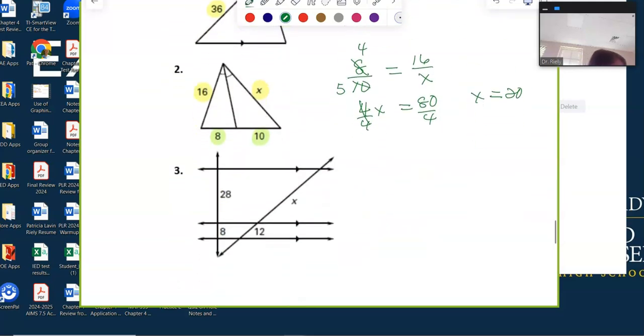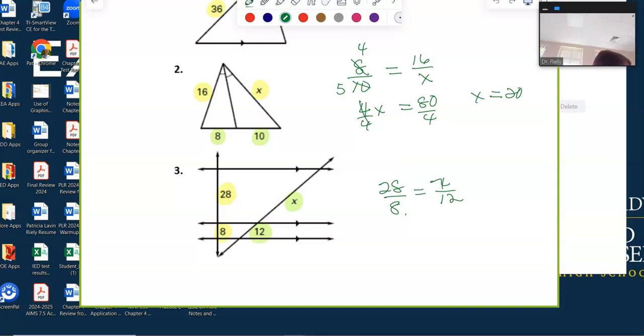Okay, last one. I know that this is to this, just like this is to this. So I can say 28 is to 8, just like x is to 12. Okay, 7 goes in here 4 times. I'm sorry. Do I want to do that? Yes, but that's not going to help me. So let me not do that.